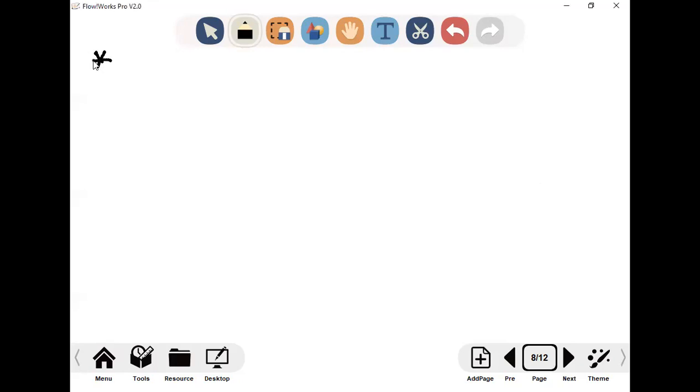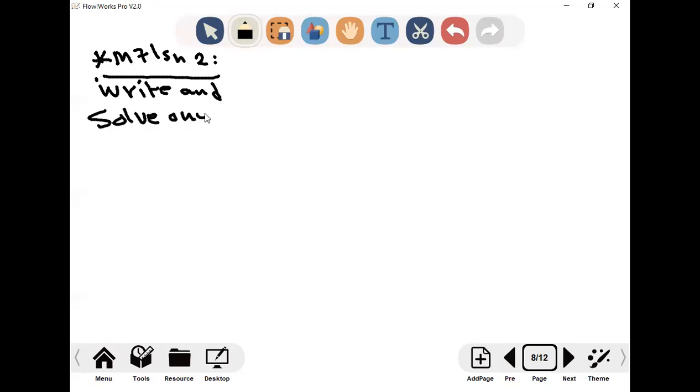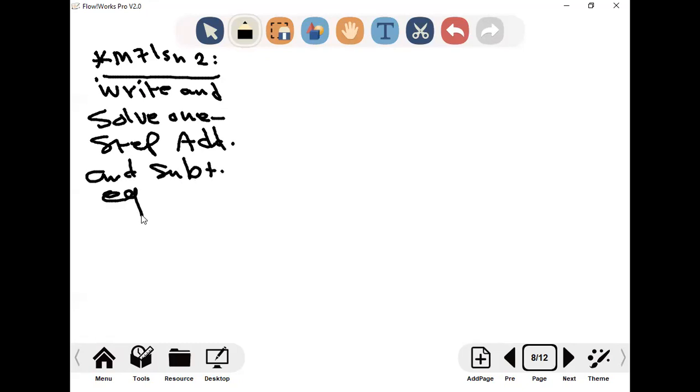So we are in module 7, lesson 2. Write and solve one-step addition and subtraction inequalities.